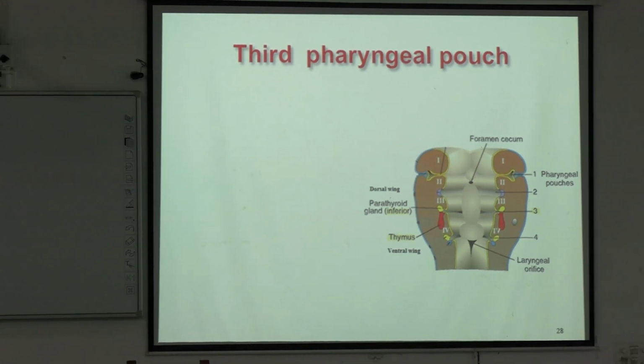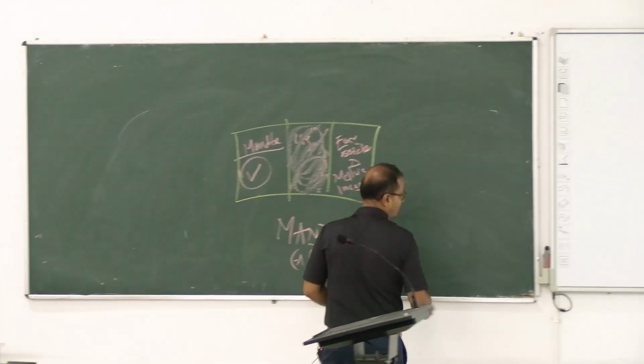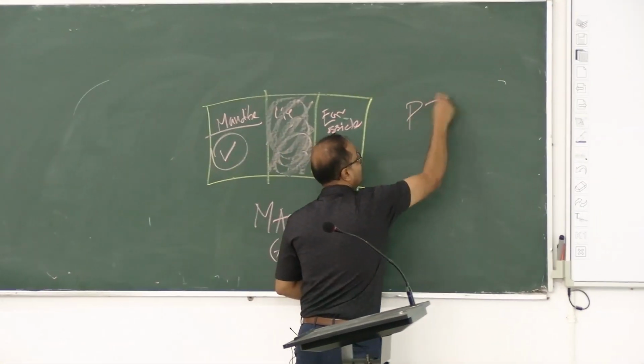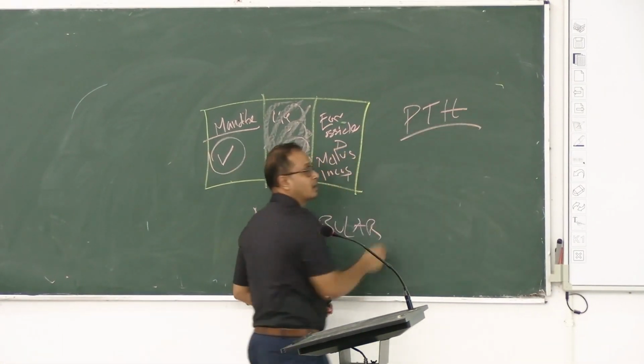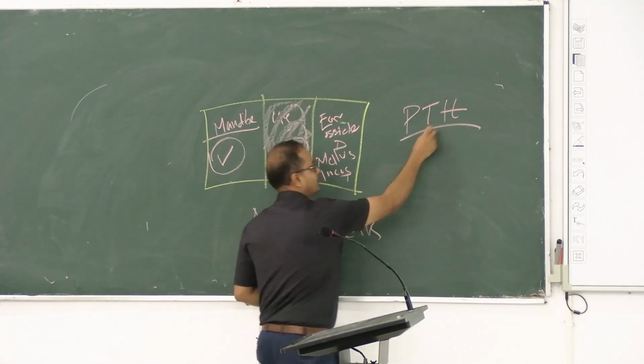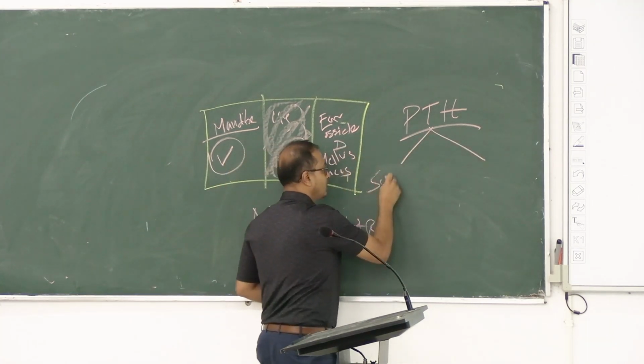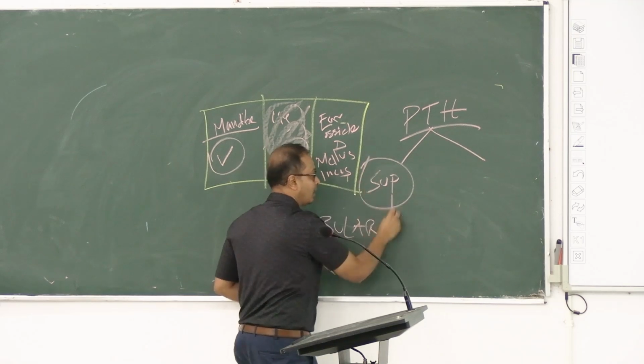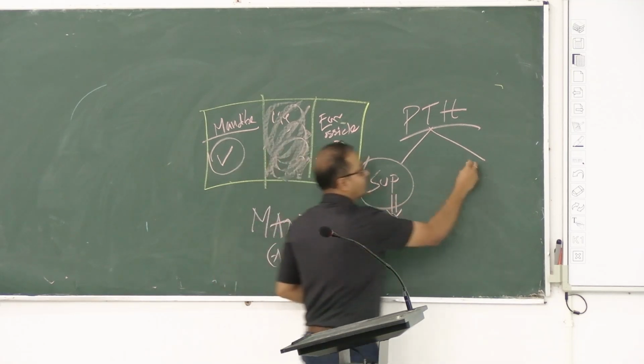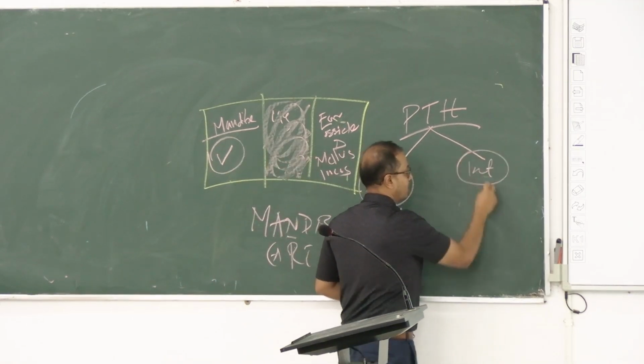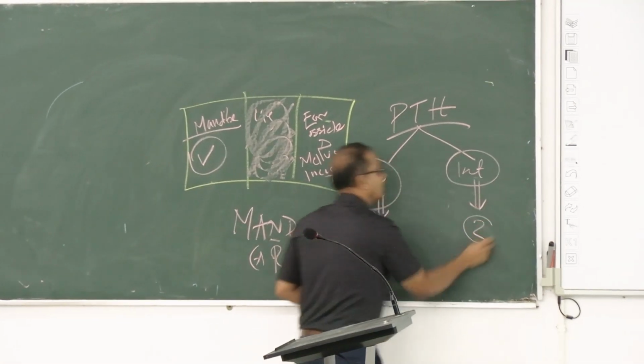Now, the parathyroid is an endocrine gland. The parathyroid glands are of two types. We call them the superior parathyroid gland, two in number, and the inferior parathyroid gland, also two in number.